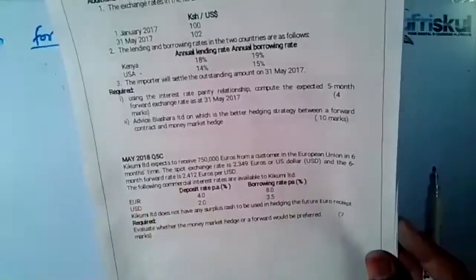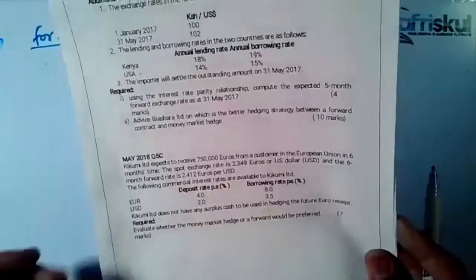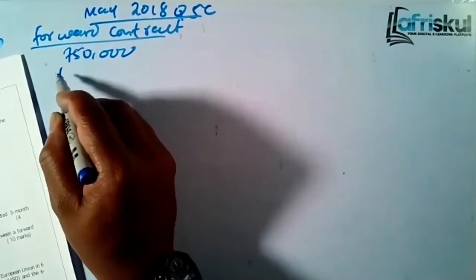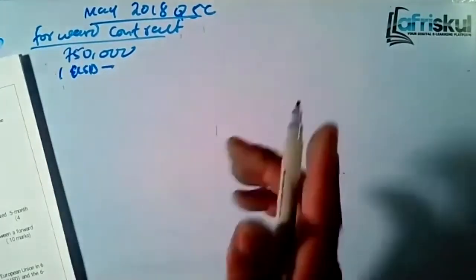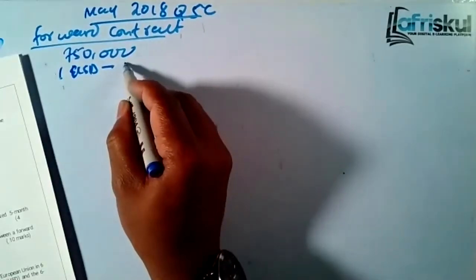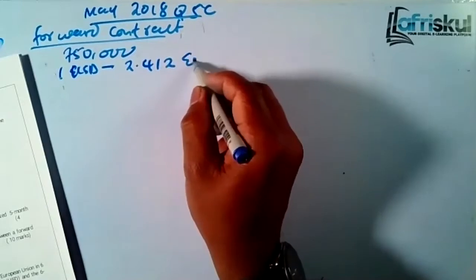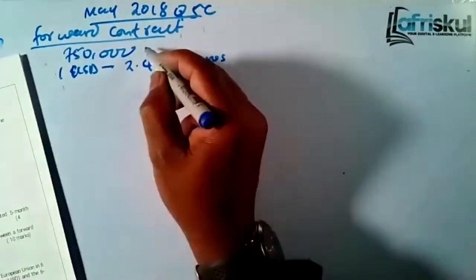So you're given the forward rate. In this case, it will be 2.412 euros per US dollar. So that means that one US dollar, at the forward rate, is equal to 2.412 euros. Then we expect to receive 750 euros.